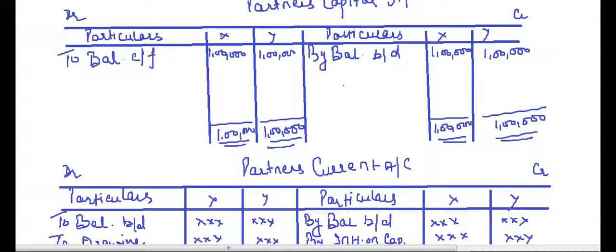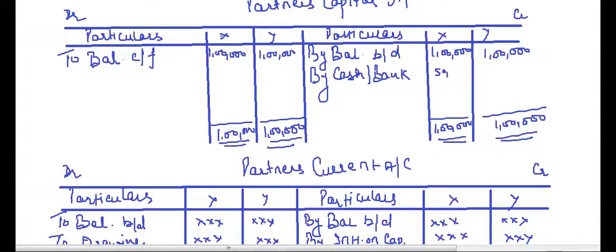Initially, partners introduced 1 lakh into the business as capital. Now they decided that they will introduce an additional capital of 50,000. Now what will happen is, I'll say by cash or bank. Because I am introducing capital, we have to debit cash or bank and credit the capital account.